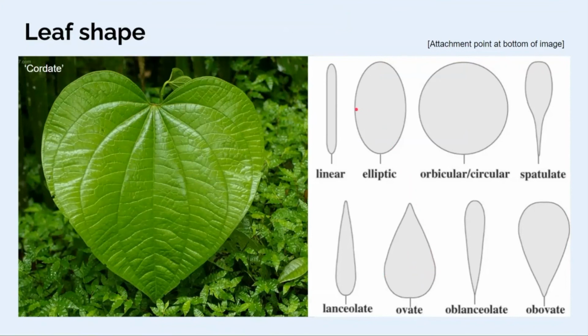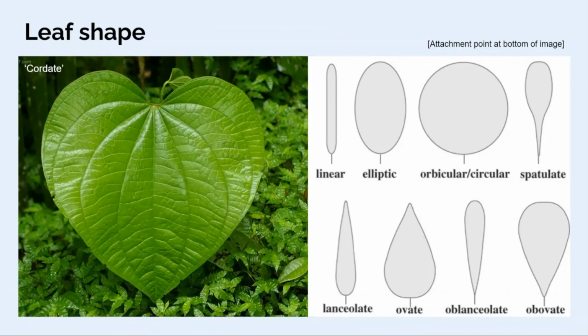Whereas an elliptic leaf, or elliptical, would have its widest point about at the middle. So more symmetrical in two dimensions leaf shape. All right, so elliptic, ovate, and lanceolate is basically a skinny ovate.